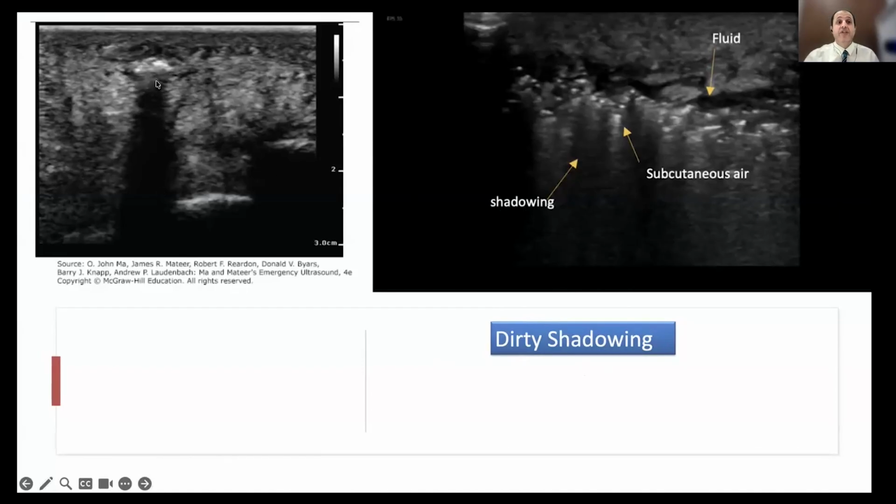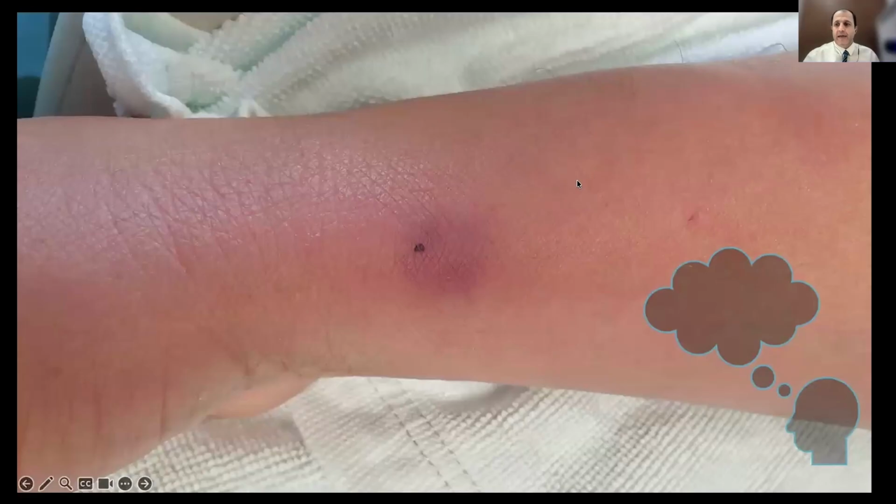But here it is a very black and clear shadow, while here it is dirty shadowing. In this way we can suspect necrotizing fasciitis. If you find this, immediately involve the surgeon, start antibiotics, and prevent a bad outcome.